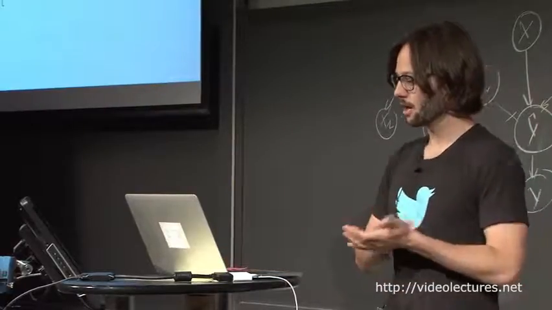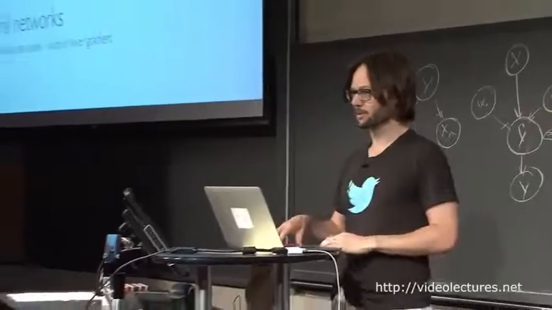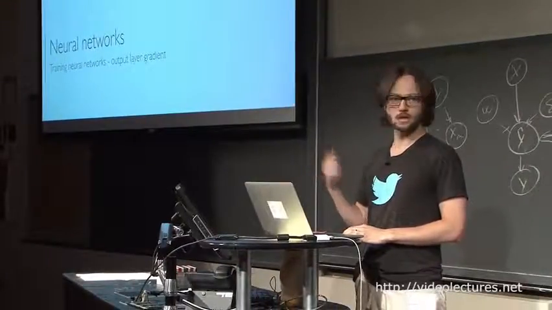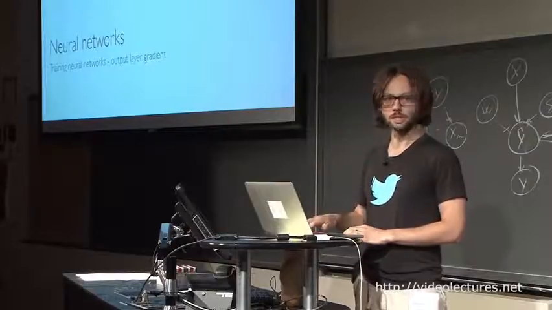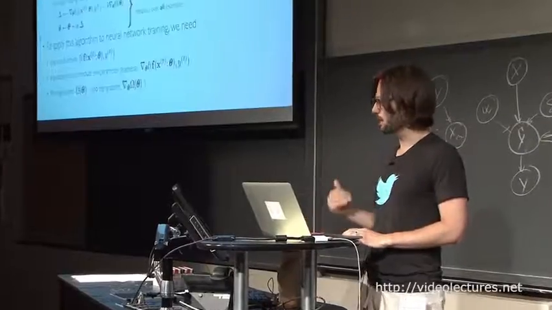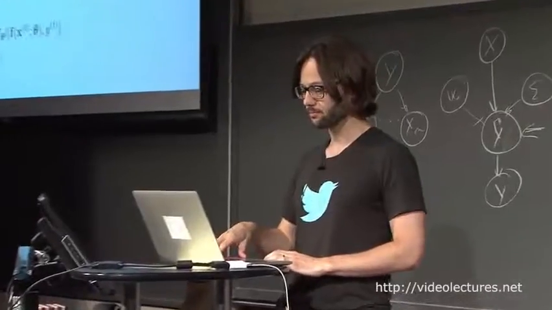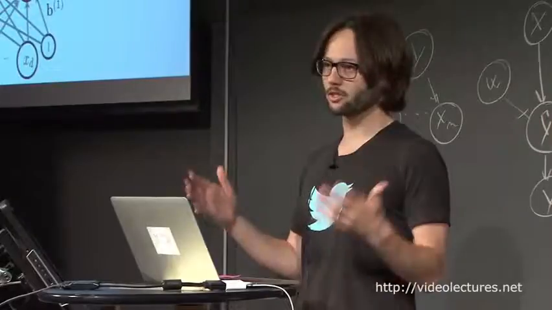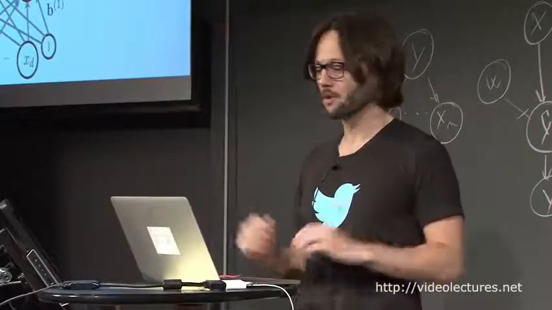So let's start computing gradients. We're going to look at the gradient of the loss with respect to computations at the output layer, and we'll slowly make our way towards the parameters. The gradient is just a vector of partial derivatives.